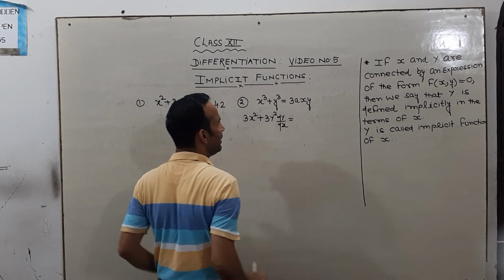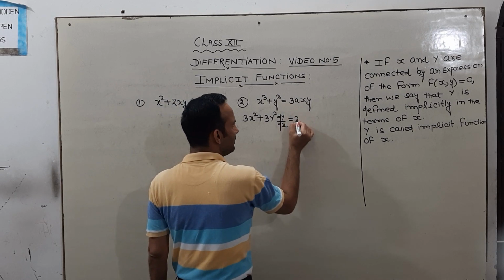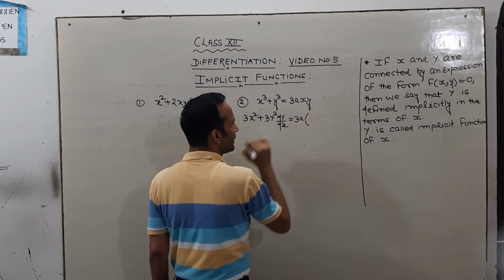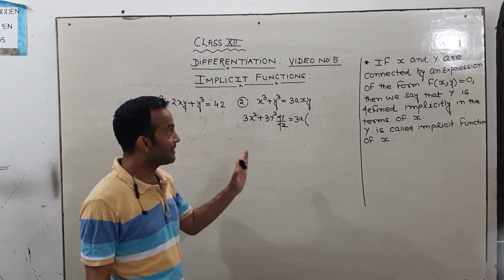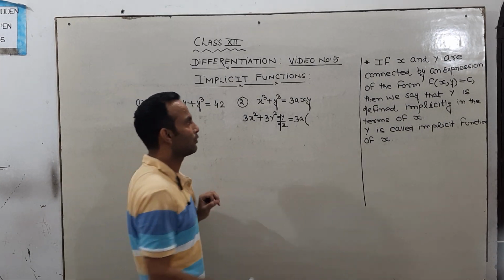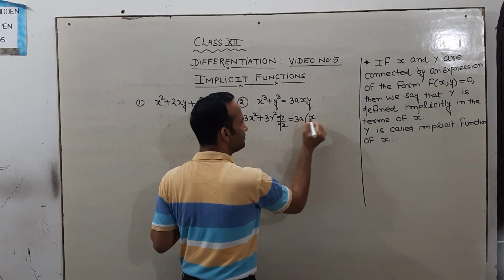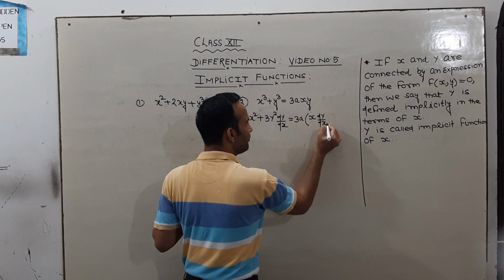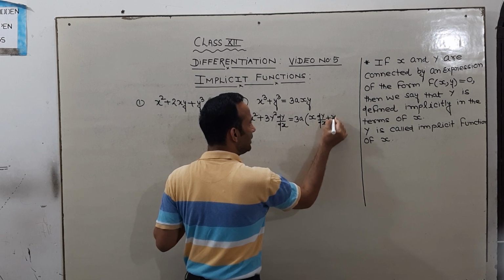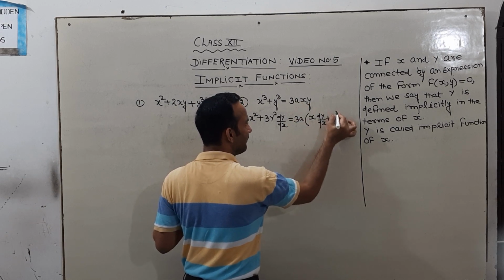See here, 3a is constant. Now xy. Differentiating xy by using product rule: first function, differential of the second function, plus second function, differential of x is 1.